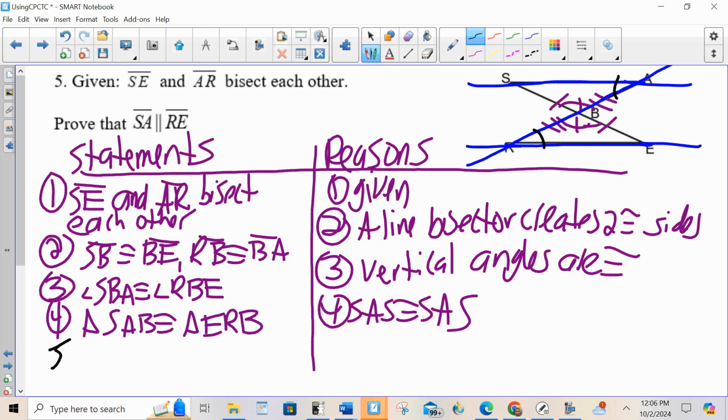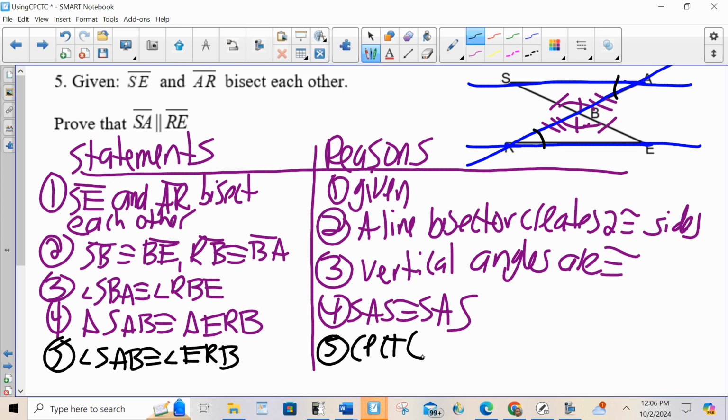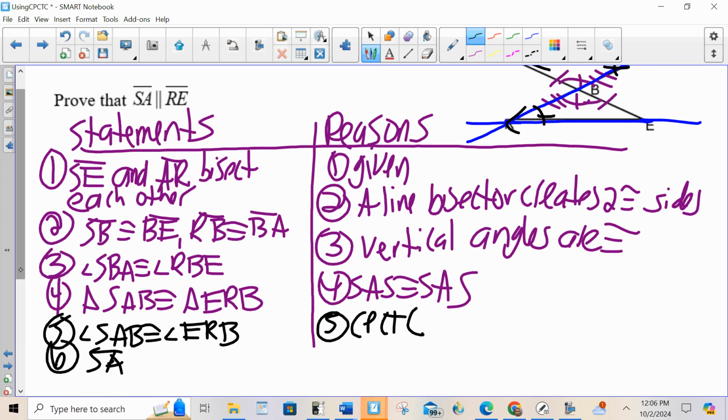So I can state that angle SAB is congruent to angle ERB because of CPCTC, because if those triangles are congruent, those corresponding parts must also be congruent. And now that I have alternate interior angles congruent, if alternate interior angles are congruent, then the lines are parallel. So now I can state that SA is parallel to RE, and I would do the same reason that we did in the other direction.